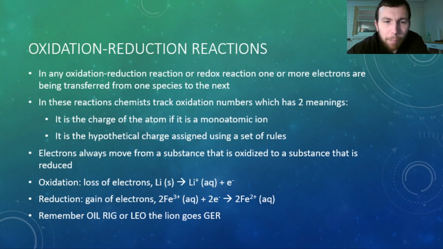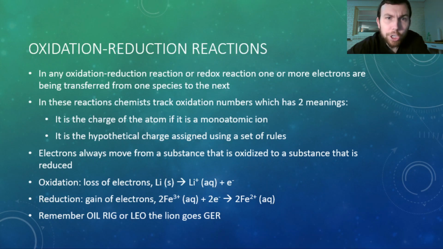And a good mnemonic to help you remember what's oxidized and what's reduced is OIL RIG. Oxidation is loss, and RIG, reduction is gain. If you don't like oil rigs, if you're trying to be environmentally conscious and environmentally friendly, you can go with LEO the lion goes GER, right? LEO, loss of electrons, oxidized.